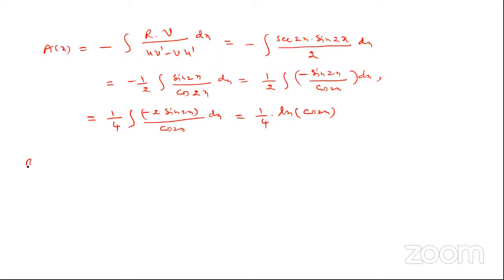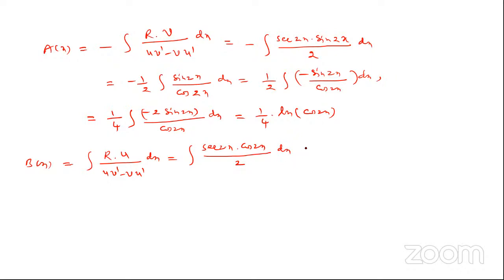Now come to the B(x) value. The formula is integration of r into u divided by u v dash minus v u dash into dx. So integration of, what is the r value? The r value is given as secant 2x. The u value is cos 2x, divided by u v dash minus v u dash, which is 2.